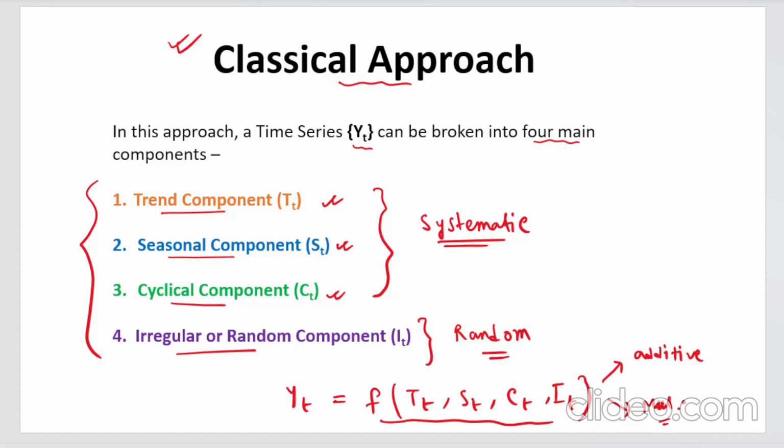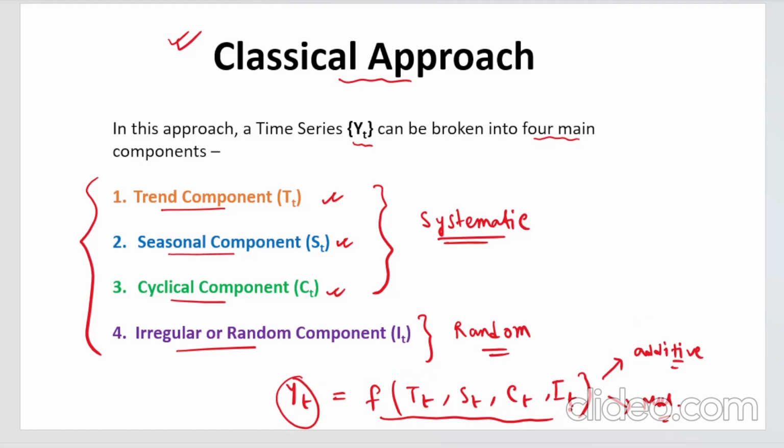I'm not writing it out in full, I hope you understand. This is not our concern. We can take an additive model or a multiplicative model according to our need. But for now, you have to know that any time series process is made up of these four components.